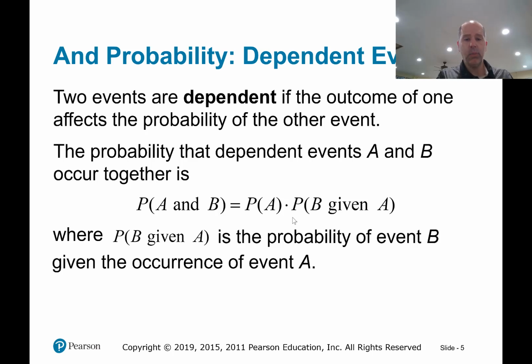Conditional probability by definition is A given B. That vertical line is the symbol for "given."